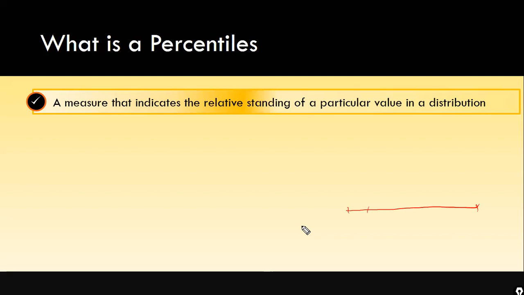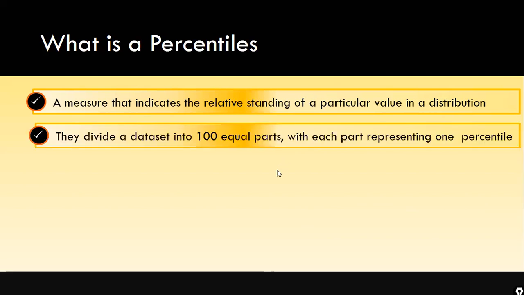Percentiles are commonly used in various fields, like statistics, economics, healthcare, retail, and also to understand income distribution. Like I said, percentiles divide the data set into 100 equal parts, with each part representing one percentile.